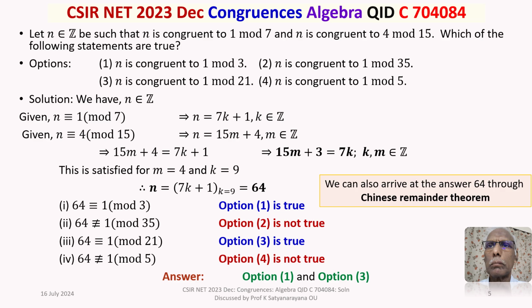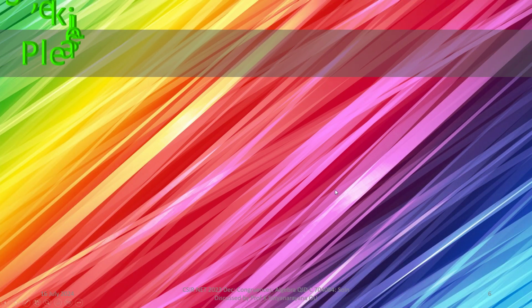If there are only two congruence relations, then it is easy to follow this kind of method. That is the detailed discussion of the solution of this problem.